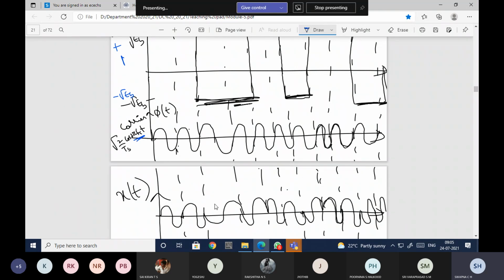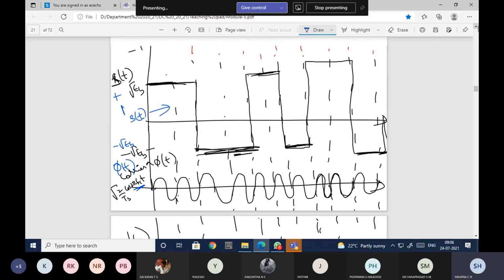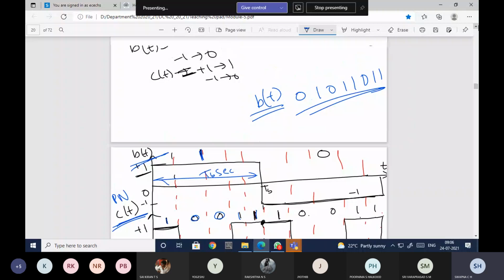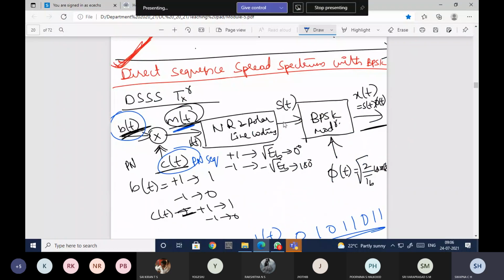Now I have to represent the modulated signal. This S of t signal will get multiplied with phi of t, so that I get X of t. X of t is nothing but S of t multiplied with phi of t. I am not writing the equations on my own; from the block diagram only I am representing everything.